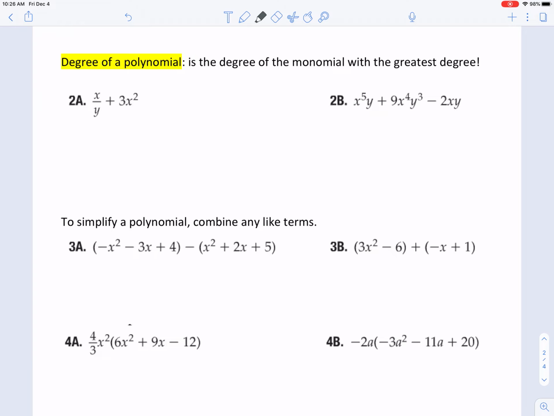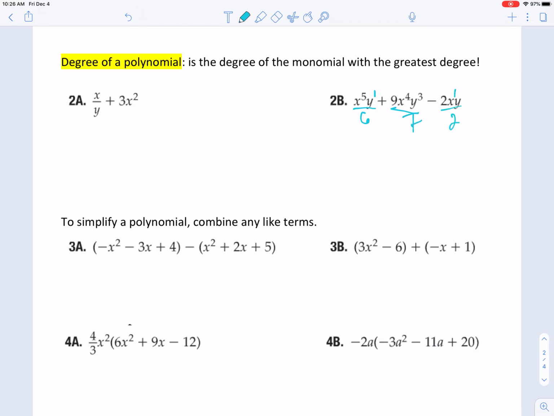So when you find the degrees, you're just going to add the exponents together. When I'm looking at, let's do 2b, this y has an exponent of 1. So the degree of this monomial is 6, 5 plus 1 is 6. You do not add the exponents of the constants, only the variables. So this one is 7. This one is 2.